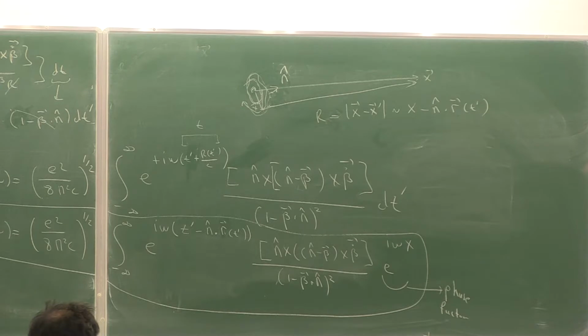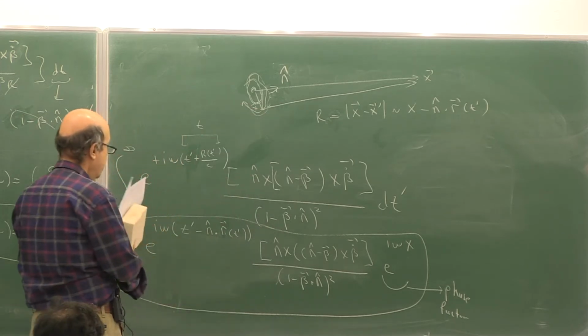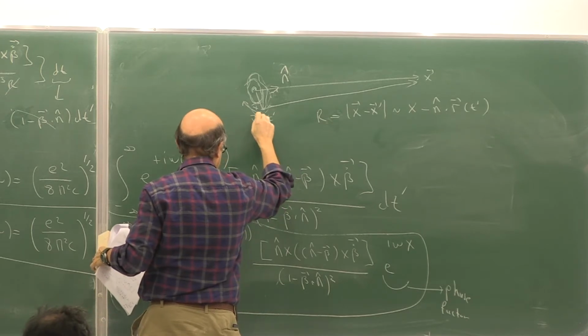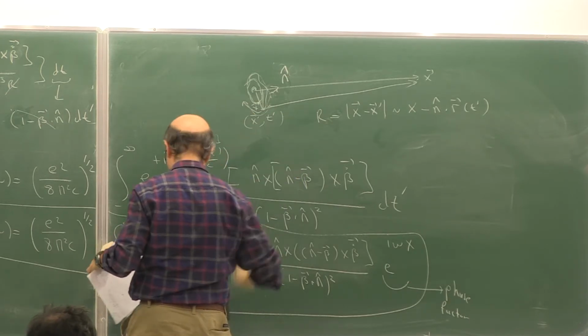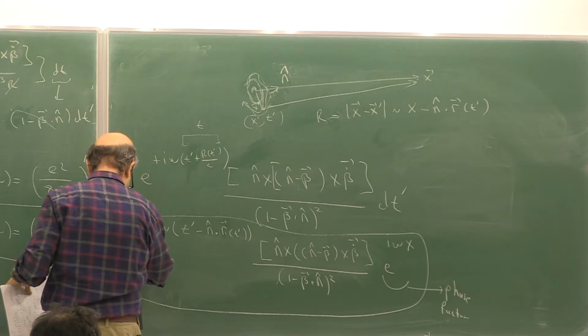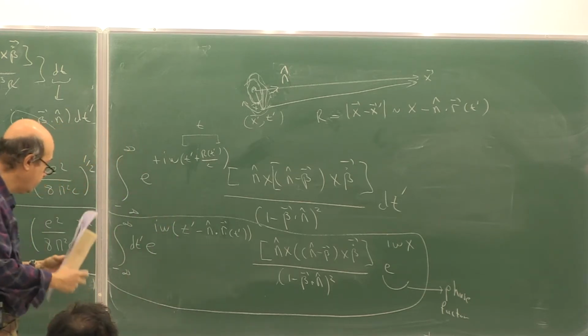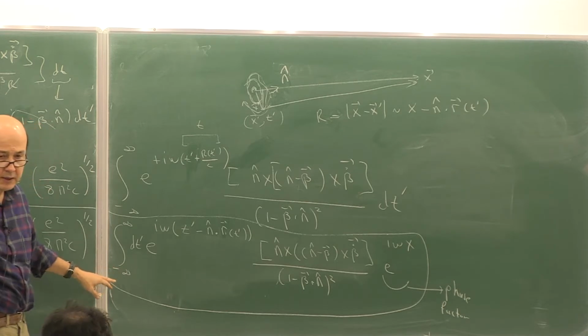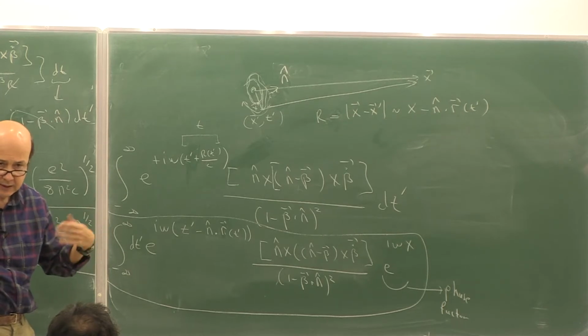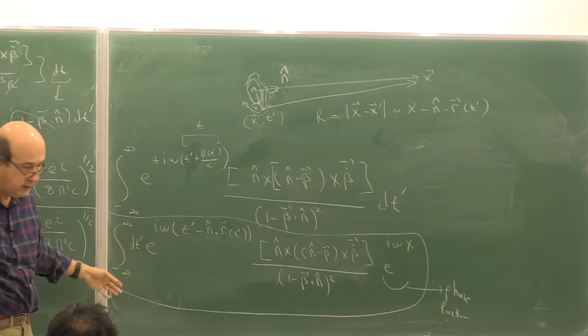Now, so far we write everything in terms of t prime. t prime is the location of the charge. If you look here, where is the integration element dt prime? Since the limits are minus infinity to plus infinity, you can rename t prime as t again. This is a dummy integration parameter.